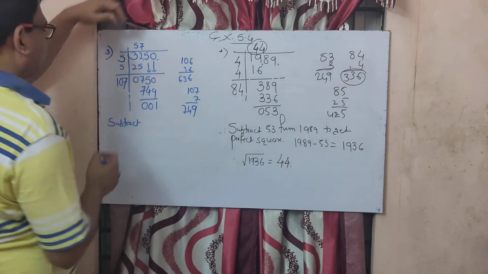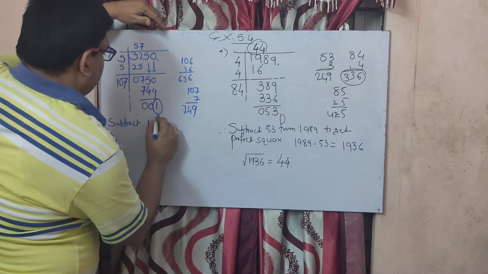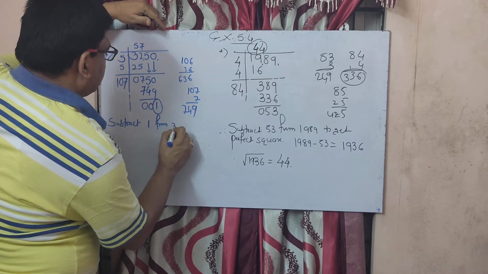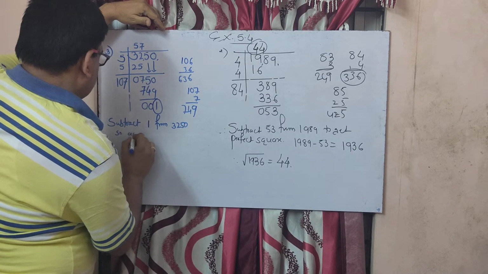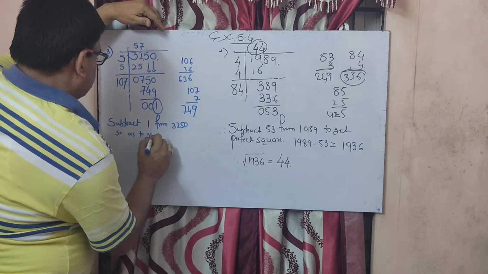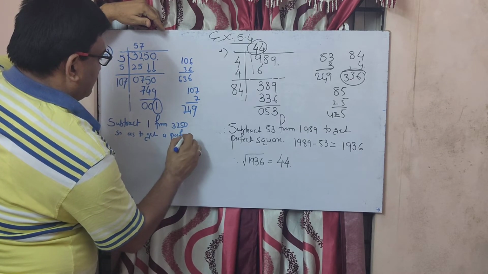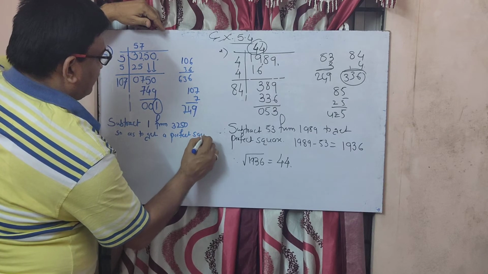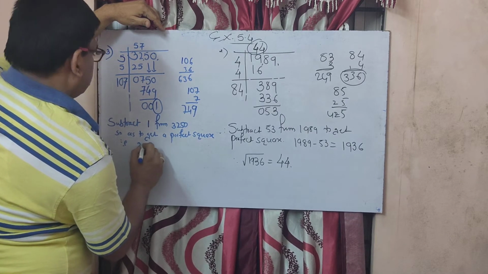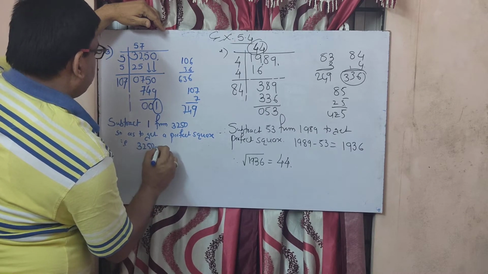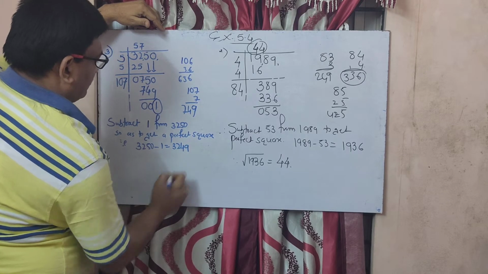So now subtract, here we get 1, it means subtract 1 from 3250 so as to get a perfect square. 3250 minus 1 is 3249.